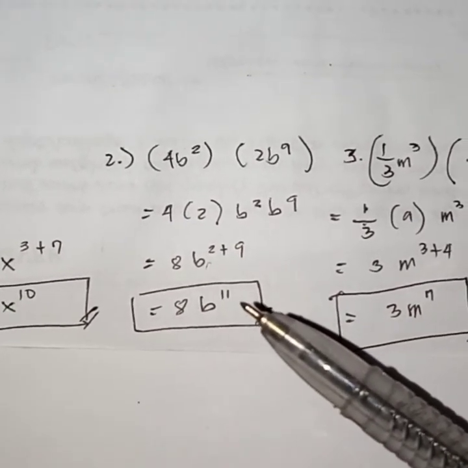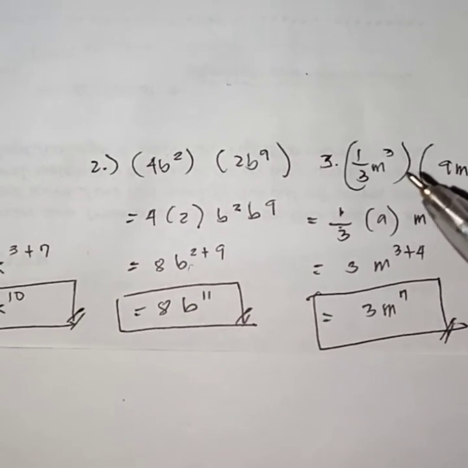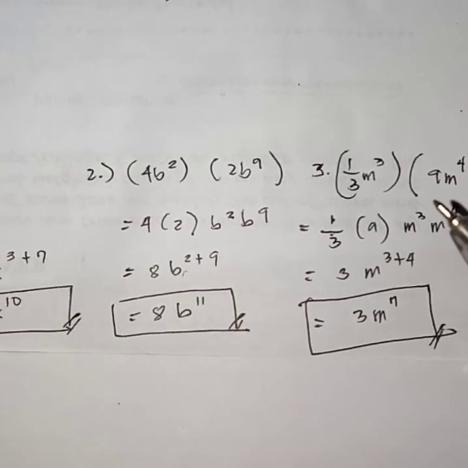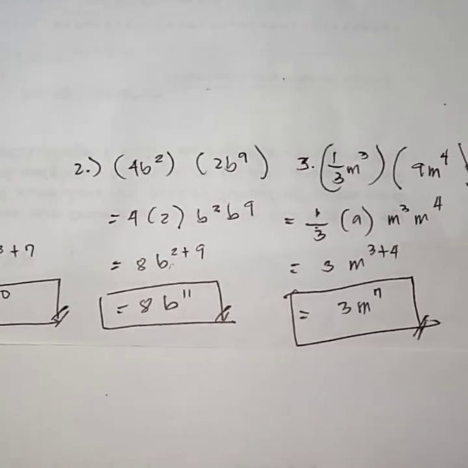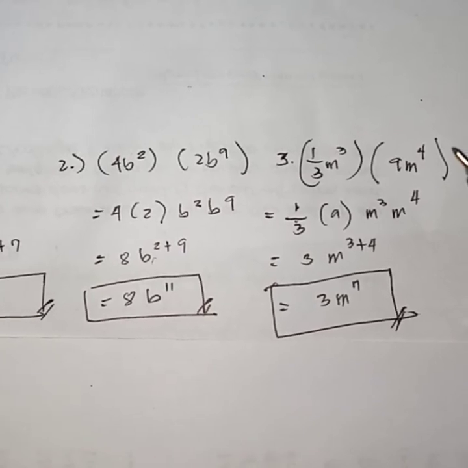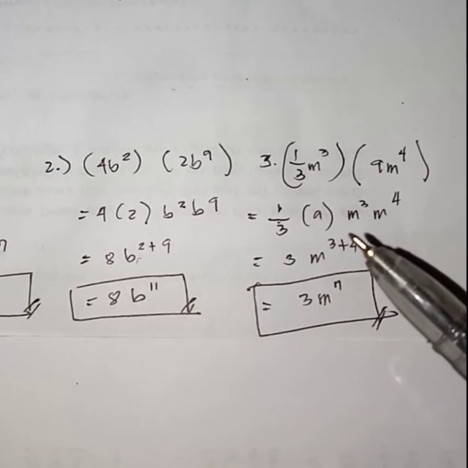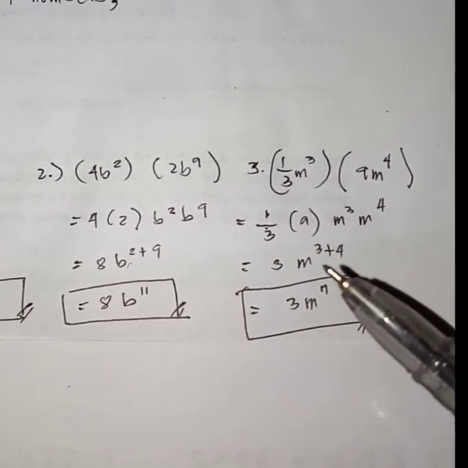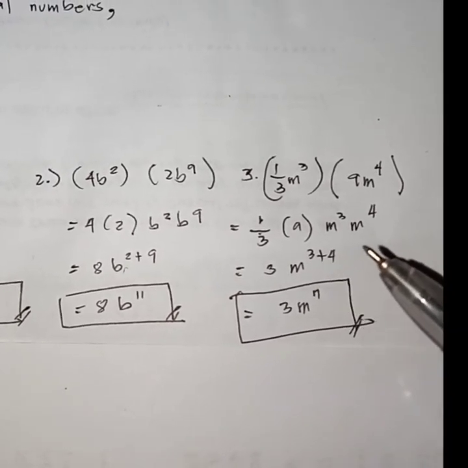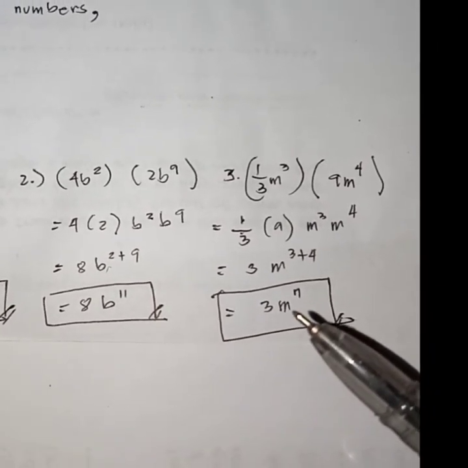For number 3, we have the given 1/3 m raised to the power of 3 times 9m raised to the power of 4. Apply the commutative and associative properties, multiply the coefficients and add the exponents. The exponent is 3 plus 4, so the final answer is 3m raised to 7.